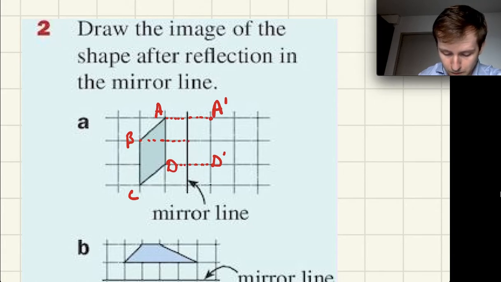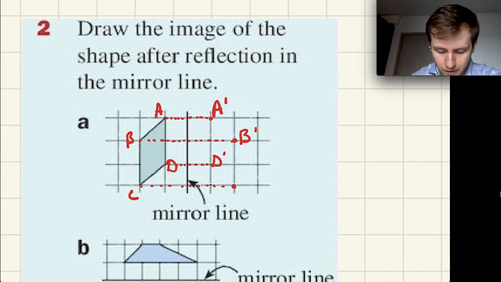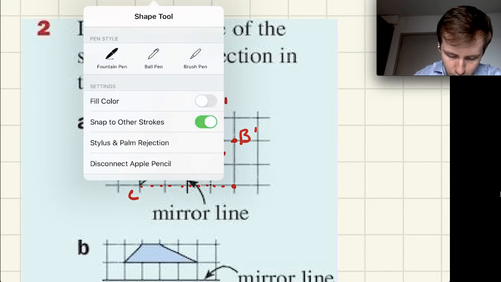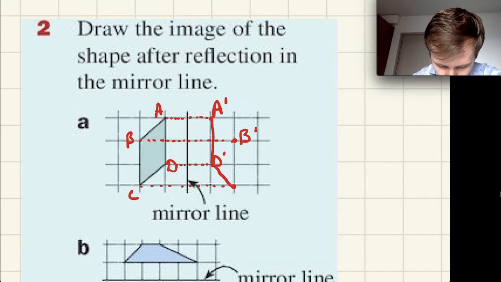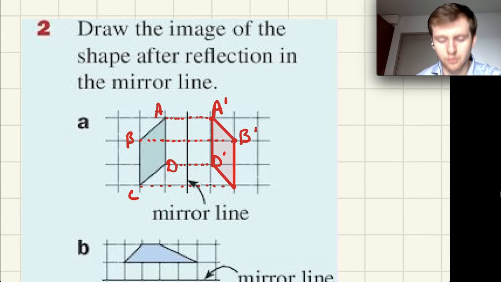So reflected B is also going to be 2 squares away. This is reflected B, and reflected C is going to be here. So our reflected shape, I will fill it in. This is what our reflected shape is going to look like.